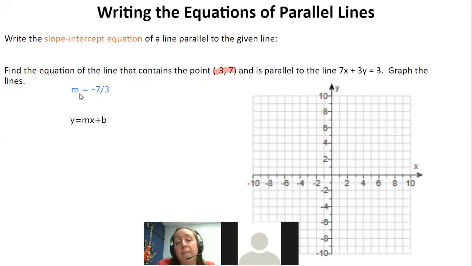So with that slope and with my point of (-3, 7), I know three of the variables of y equals mx plus b. What variables do I know? Yes, Desmos is useful for this. What variables do I know with this given information? Do we know y? Do we know m? Do we know x? Or do we know b?